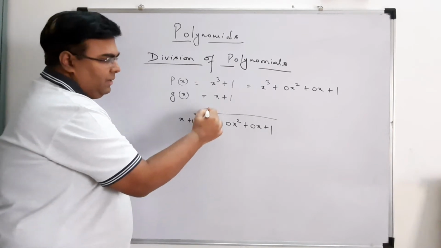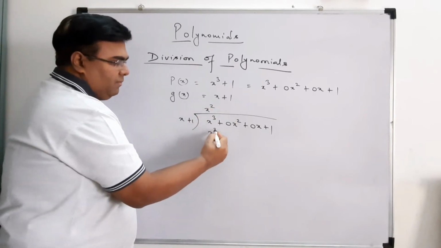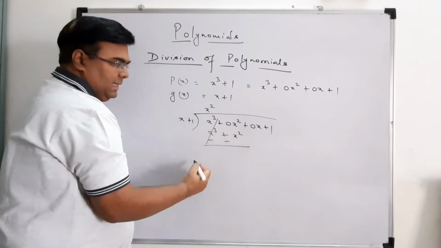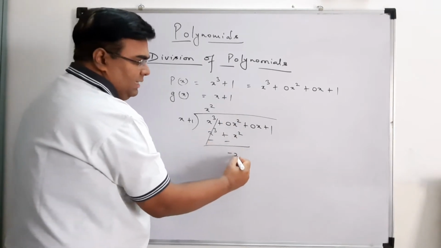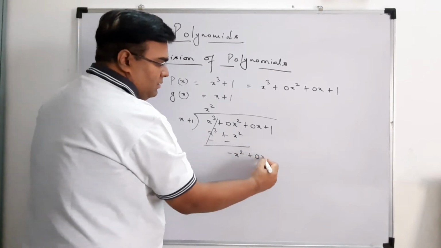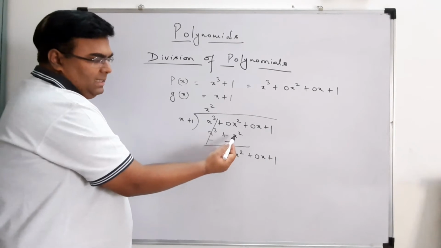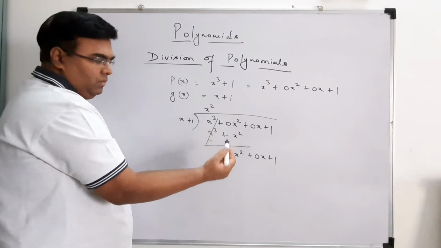First term, it will be x square, x cube, opposite signs cancel out. It will be minus x square plus 0x plus 1. Why minus x square? Because it is minus x square plus 0.